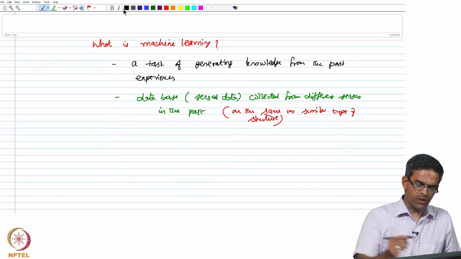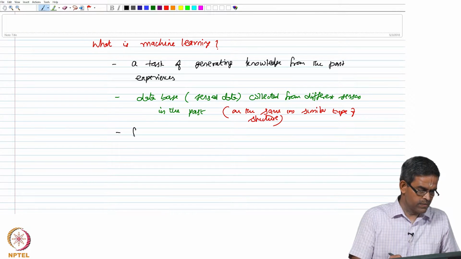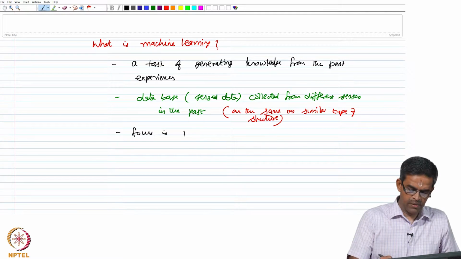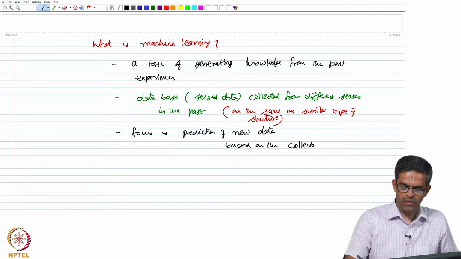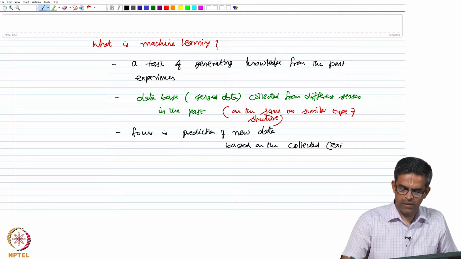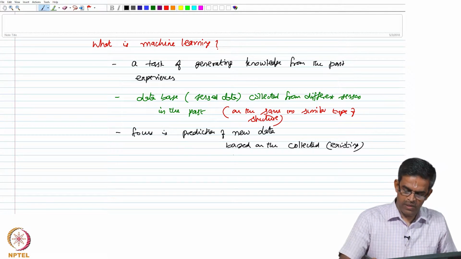So, what should be the focus of machine learning? The focus is prediction of new data based on the collected or existing sensor data.